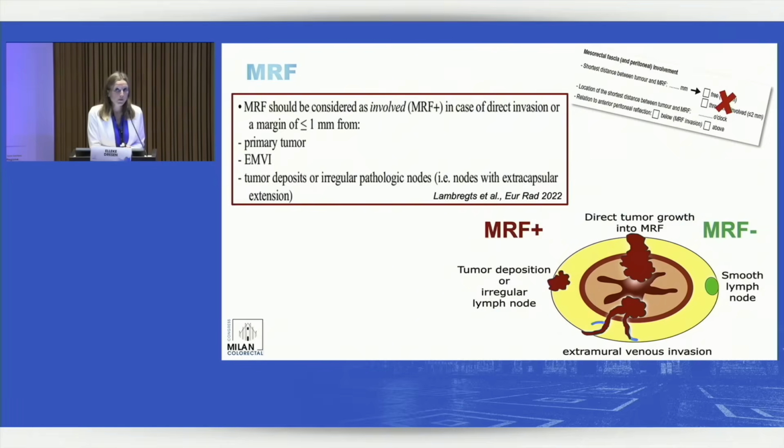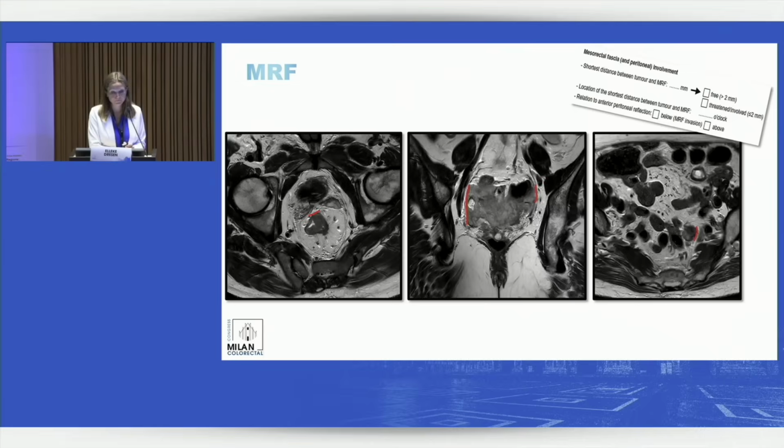We call it a positive MRF not only by invasion of the tumor itself, but also when the MRF is invaded by either EMVI, tumor deposits, or irregular lymph nodes with extracapsular extension. If we have very smooth lymph nodes, they might be enlarged, but we do not call this invasion of the MRF if they are closely related. Here are some examples. On the left side, we have a small part of the MRF that is involved.